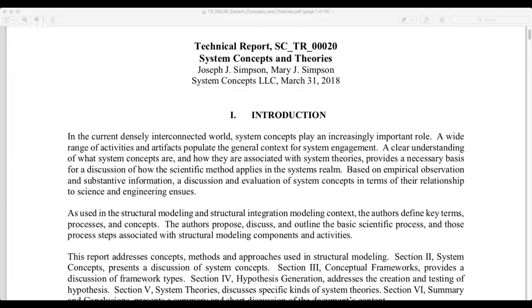It builds on a theme that we've been working on and started the last couple of months, looking at system theories, system concepts, specific theories, general theories, how they're the same, how they're different, what are proper uses of mathematics and mathematical techniques, where they might be properly applied, where human observation plays key roles, things like that.